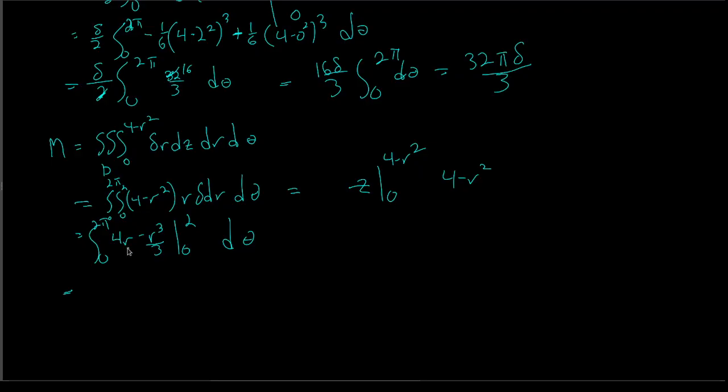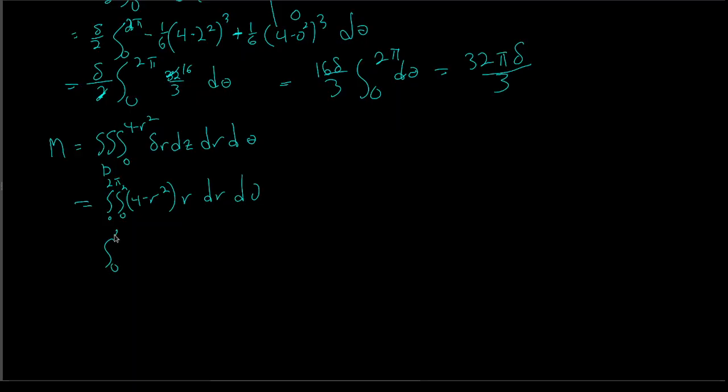That's going to be 8. Hold on here. Yep, I see what I did. Forgot to multiply my r through. I was rushing my integral. I do this a lot with moments because you can see what's going to cancel out with the mass function, and you want to get to it, but I want to multiply my r through.